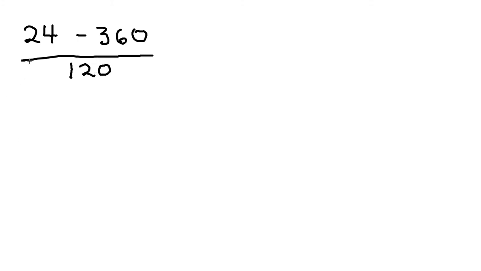Now, once you subtract, 24 minus 360, you might need your calculator, that comes out to be 336, and keep in mind that's going to be negative because 360 is greater than 24. So negative 336 over 120.